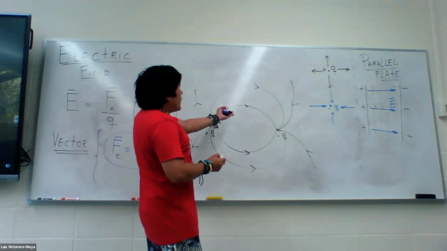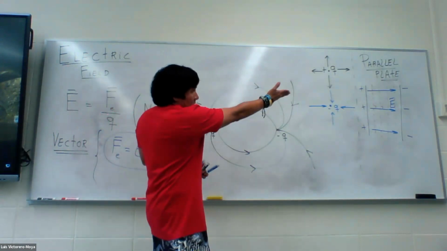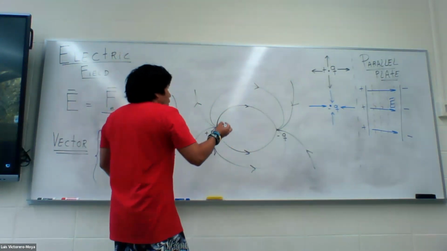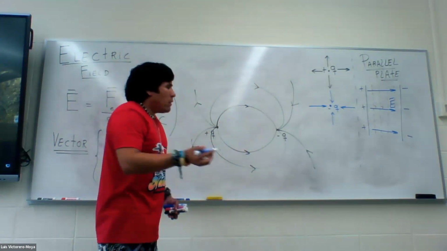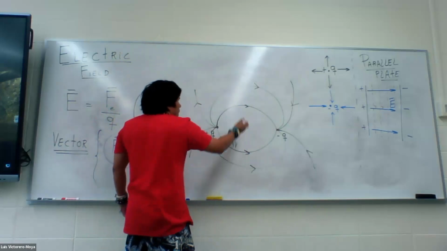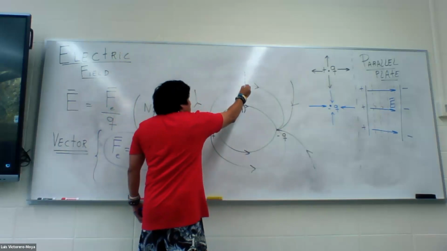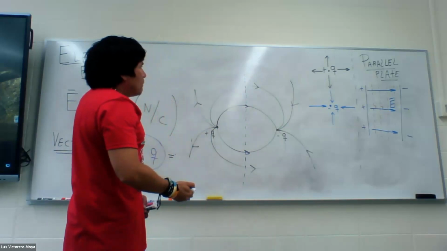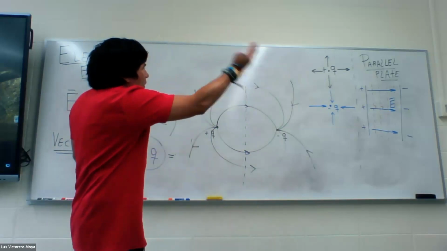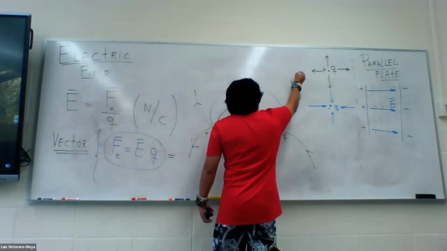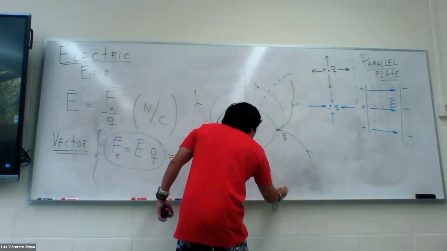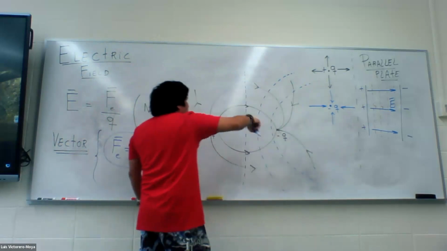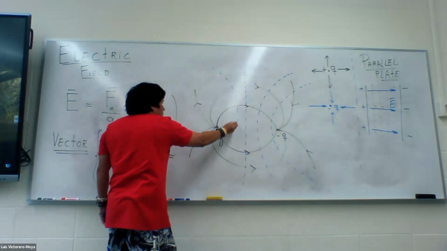Now, how do I know they look like this? Well, as I said over there, equipotential surfaces. Using a voltmeter in the lab, we can trace the electric field lines. The one in the middle happens to be completely vertical. But then as we go to the right or to the left, this is what we find. We find that they become circular.